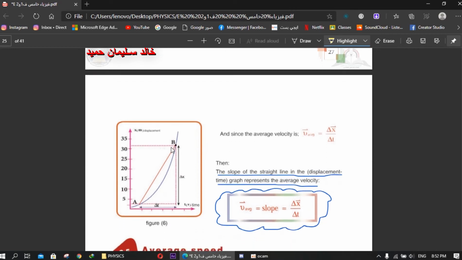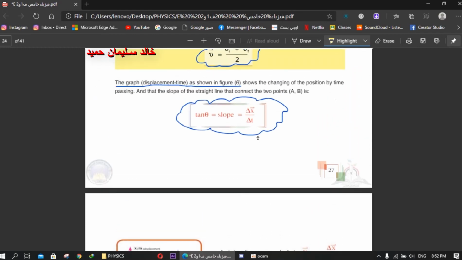This is a graph plotted between displacement and time. This curve represents the velocity curve. If we take 2 points A and B and calculate the slope, it is equal to delta x over delta t.